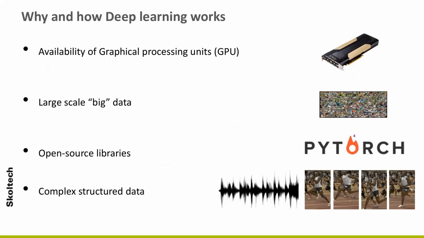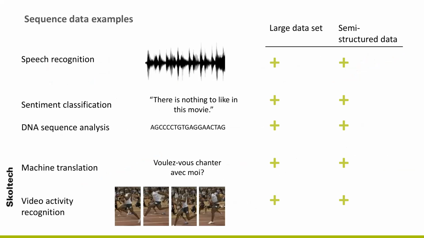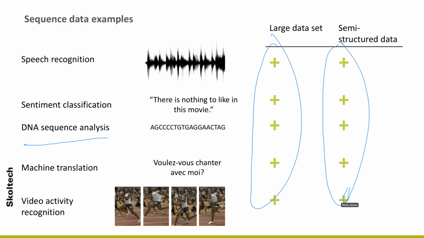Also, it utilizes a lot of things we have right now in the market and in our science of data processing, of machine learning. And so when we look at the problems listed closer to the beginning of the presentation, we see that for all these problems, even for DNA sequence analysis, we have a large data set and we have semi-structured data.